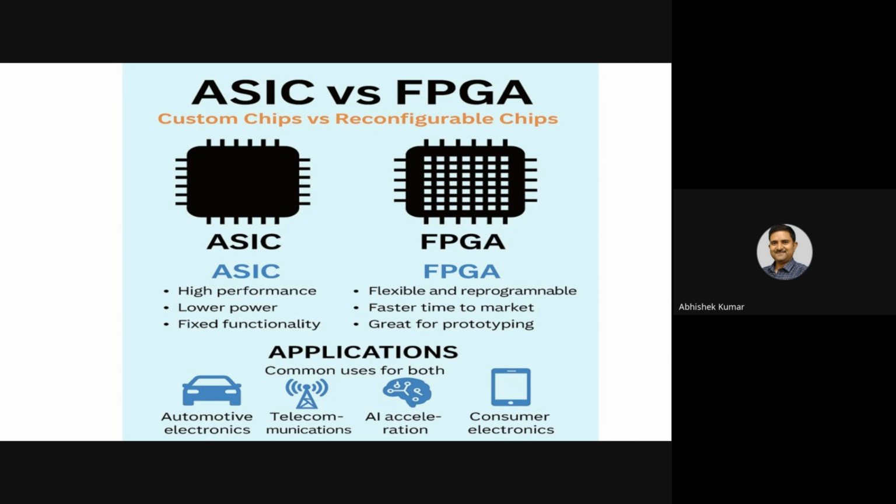The IC number is 7400, more popular. IC 7400 is designed only for a NAND gate, and it always remains a NAND gate. It cannot change its function. From the design to the complete lifetime, it remains a single NAND gate. Those types of IC are known as ASIC, application specific IC.